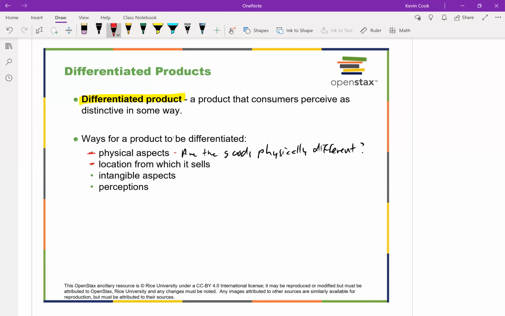The second one, the location from which we sell. What we may think about for this one is, how far do I have to travel to get it? It's exactly that. This can come from two fronts.